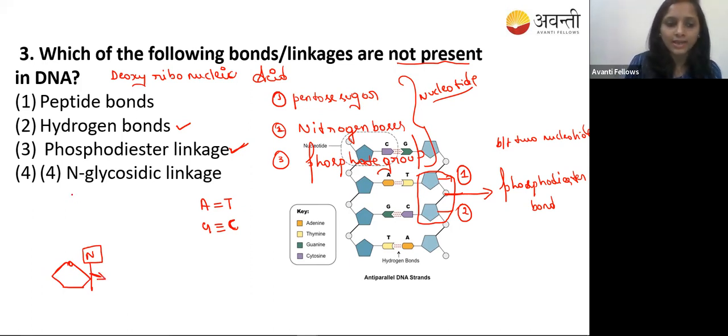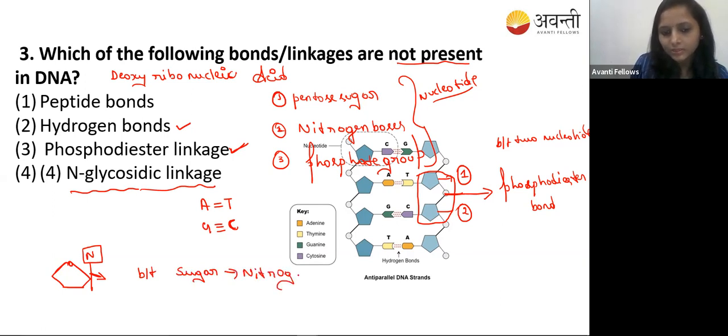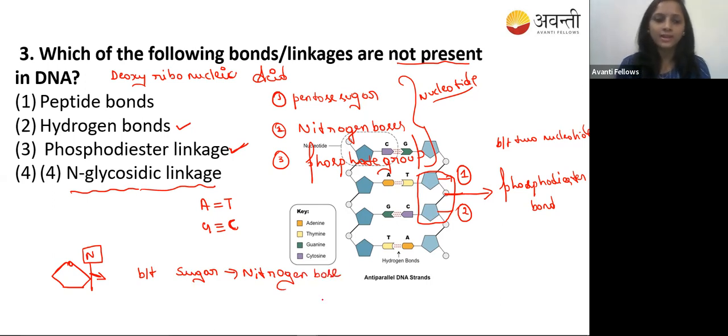We call it the N-glycosidic bond. Yes, the N-glycosidic bond is also there, between the sugar molecule and the nitrogen base. So this option is also correct.